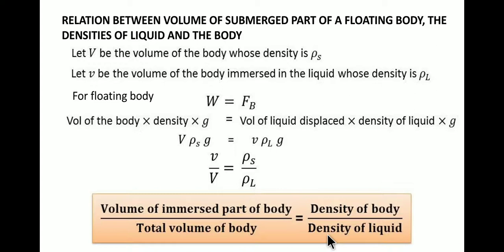If this is the case, then we can understand it better with the help of an example. Ice has the density of 0.9 gram per centimeter cube, whereas the density of water is 1 gram per centimeter cube.